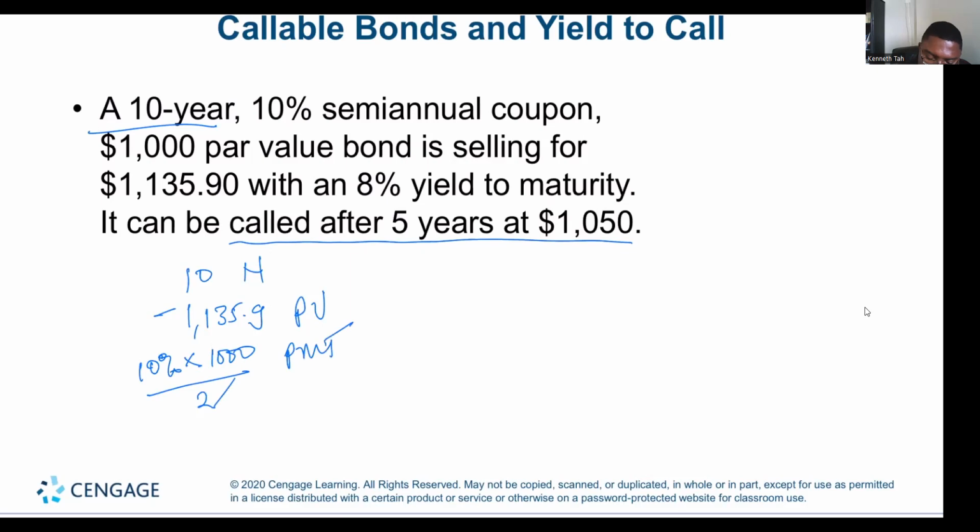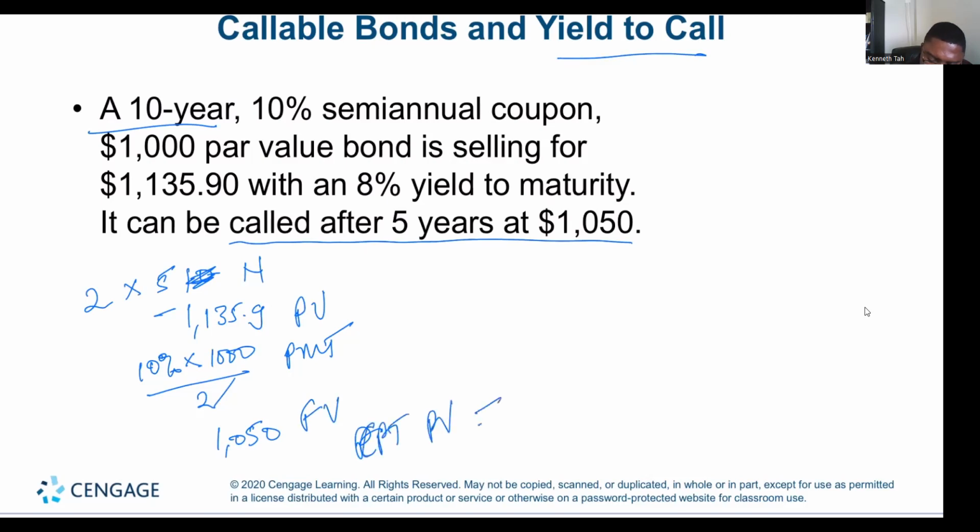Then for the future value, since we're interested in yield to call, it can be called in 5 years. So that's why this is 10. So this is 5 years, but it is semi-annual. Then we take 1050 as future value and we compute.